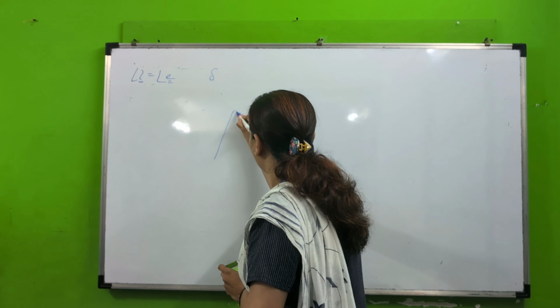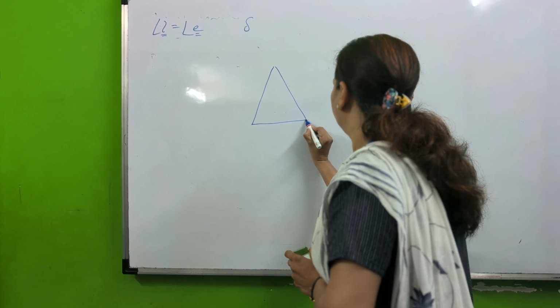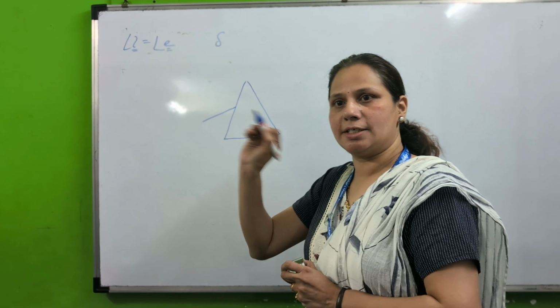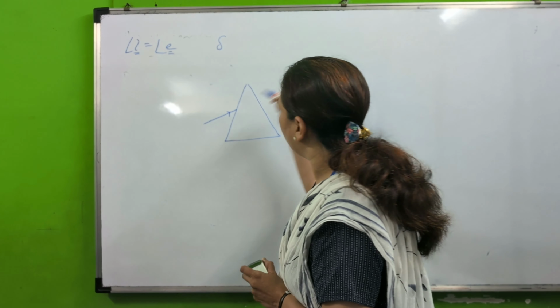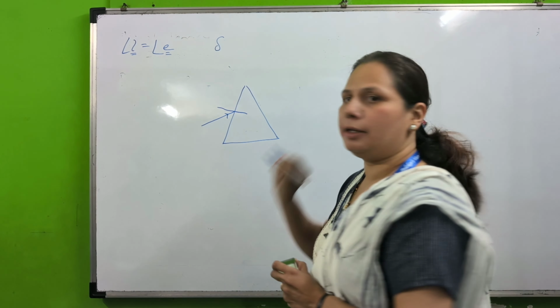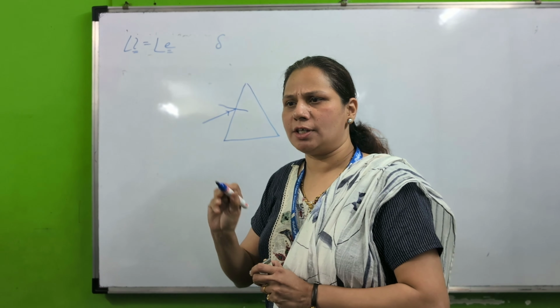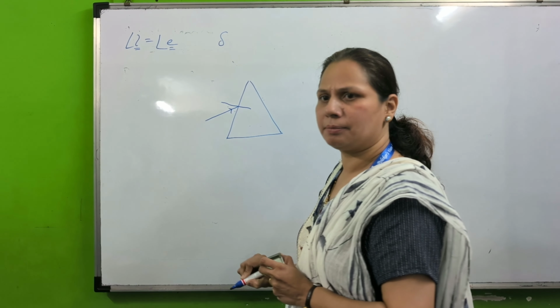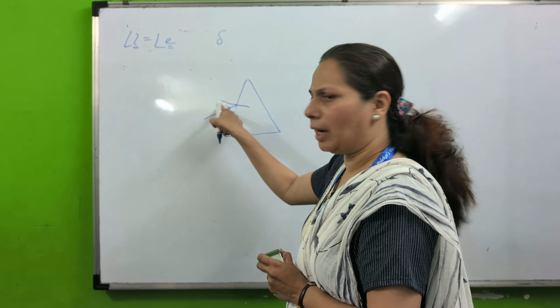Suppose this is a prism. Now one ray, the incident ray, is hitting here. Now I will draw a normal here. So what is the angle of incidence here, this or this? This one.